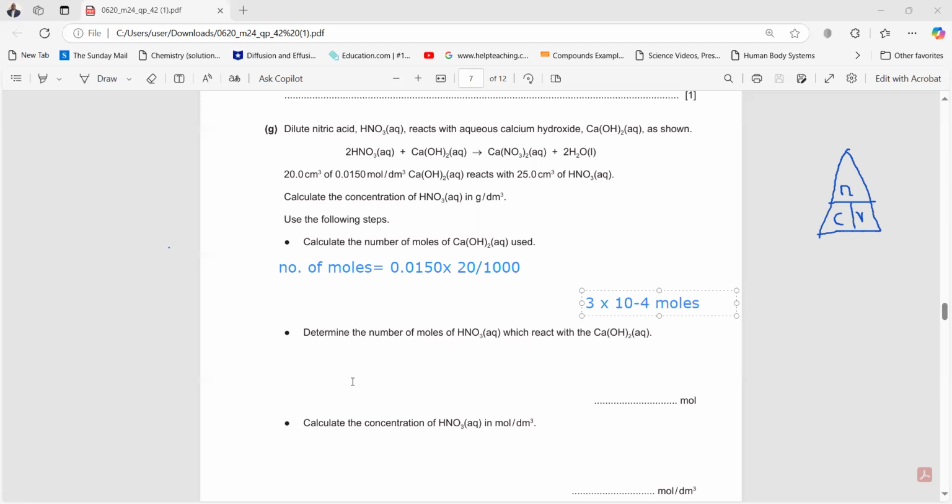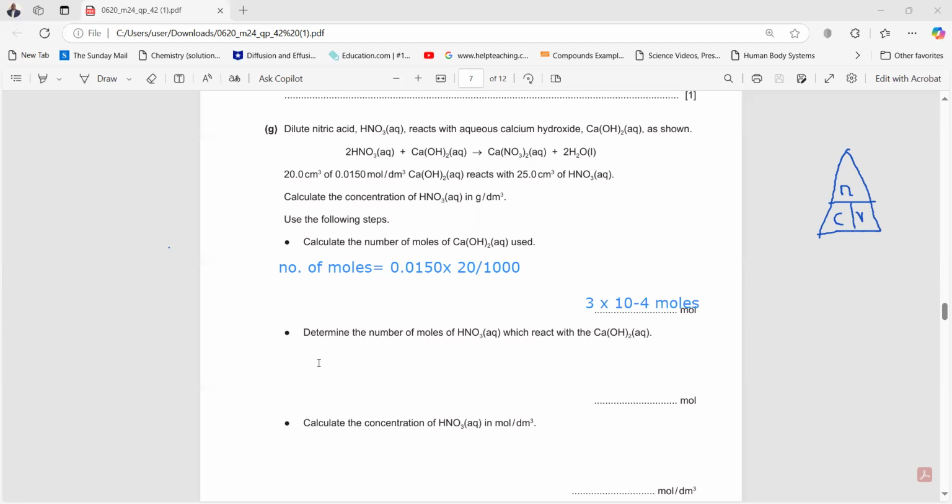And the next part is simply saying now you have to determine the number of moles of nitric acid which reacts with the calcium hydroxide. This one you need to remember that the molar ratio is 2:1. If you take your nitric acid and your calcium hydroxide, the molar ratio there is 2:1. Because it's 2:1, if I'm going to migrate from the calcium hydroxide to the nitric acid, I am simply going to multiply by 2.